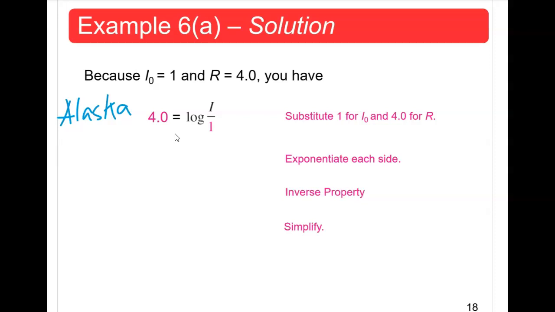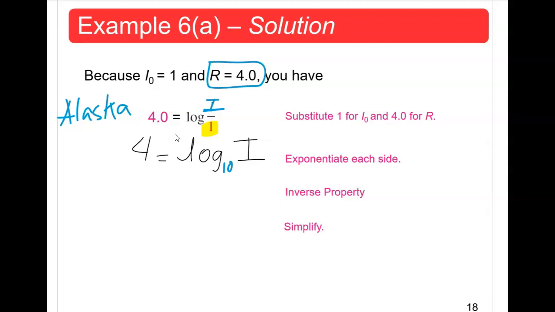To solve for it, we substituted R with 4.0, or just 4. And we're going to be solving for capital I right here. Remember, the initial intensity that we use is just a 1. What we're going to do first is exponentiate each side. I'm just going to rewrite it: 4 equals log of I. The base, since we don't see one, is an implied 10.